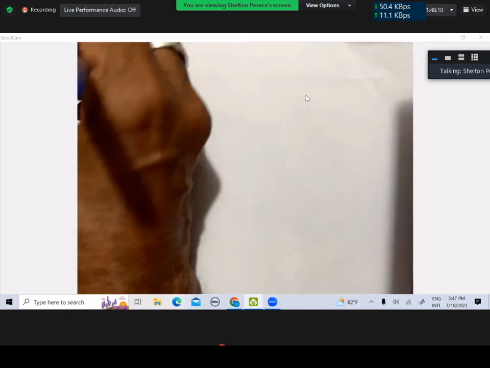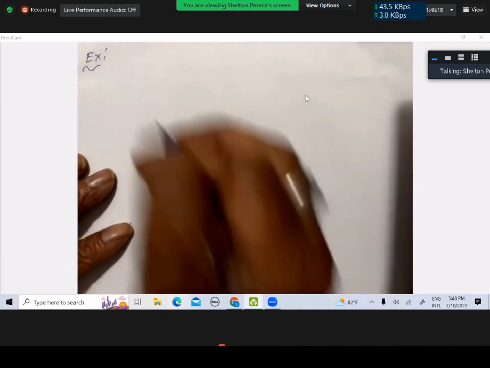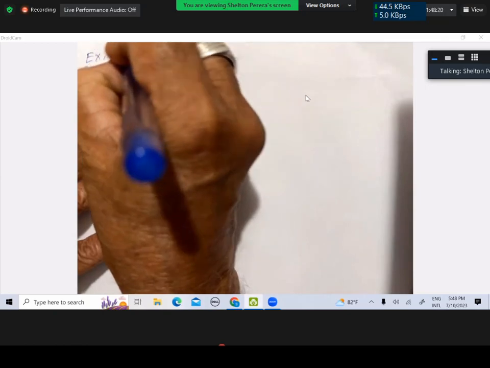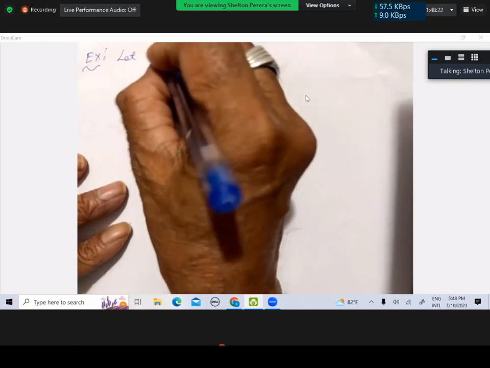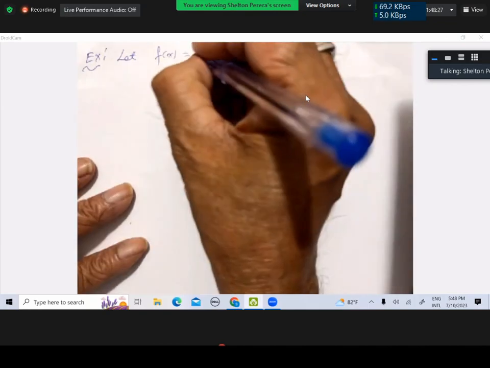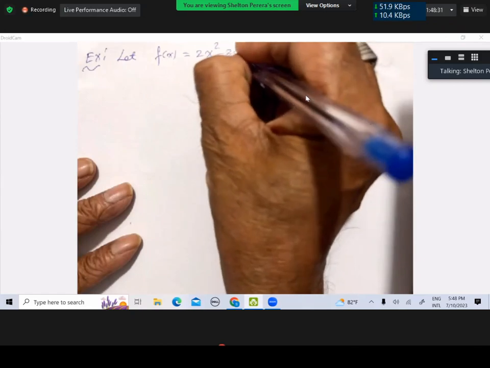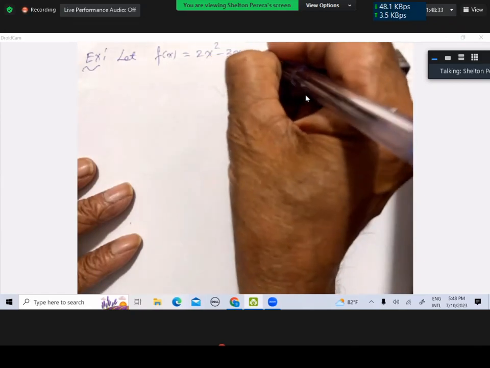Now, last example for today. This is the last page. Let f of x be 2x squared minus 3x plus 5.